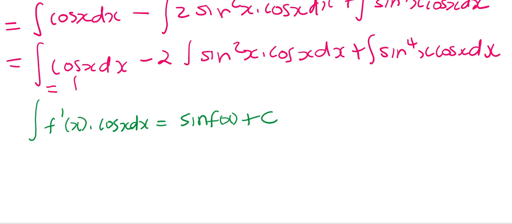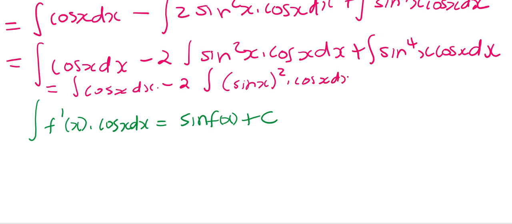So this is equal to the integral of cos of x dx minus 2 integral of sine x squared times cos of x dx plus integral of sine of x to the power of 4 times cos of x dx.